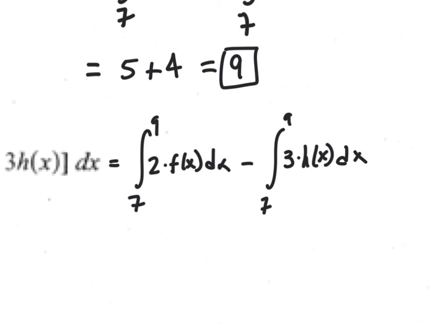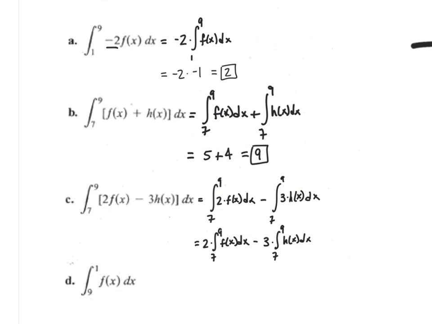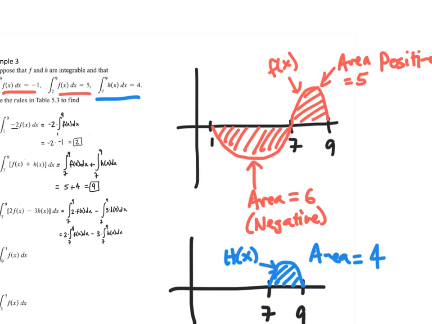Okay? Now, the other property that I have is that I can pull out that 2 and pull out that 3. So I'm going to do 2 times the integral from 7 to 9 of f of x dx minus 3 times the integral from 7 to 9 of h of x dx. Okay? Now, we knew that the area under f of x was 5.